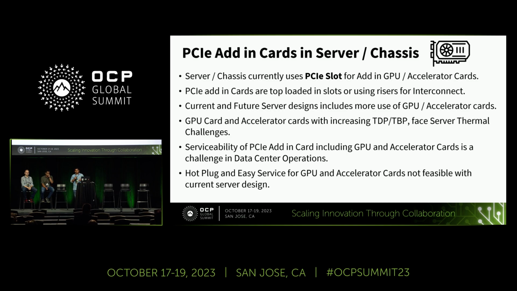Now as we are progressing, we are seeing that we need more GPUs in the server box, as well as accelerator cards, for all our server designs moving forward. And the challenge that we currently have is these accelerator cards or GPU cards with higher TDP values, which previously were less than 500, are crossing that boundary of 500 watts in TDP or TBP.